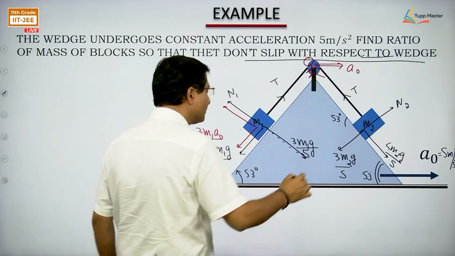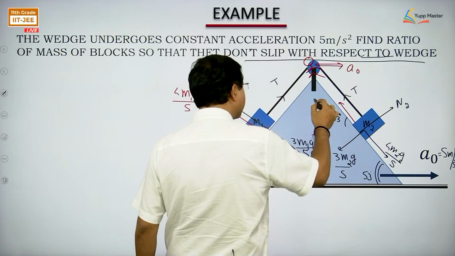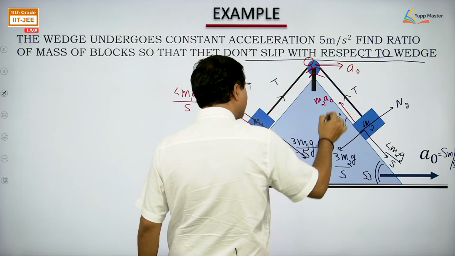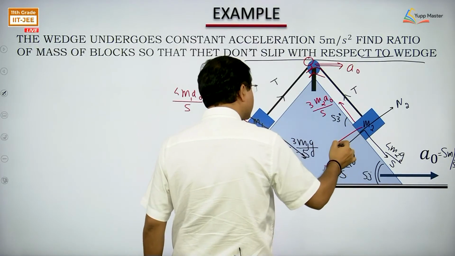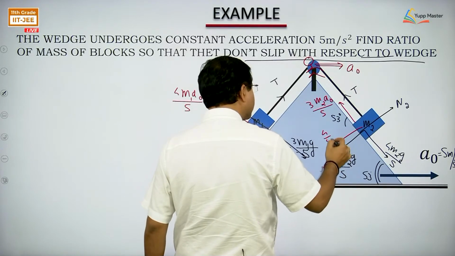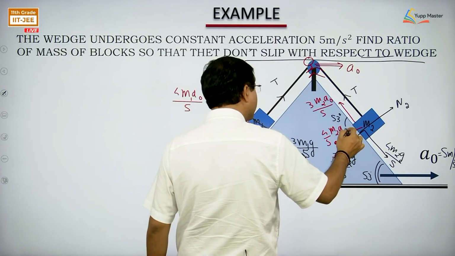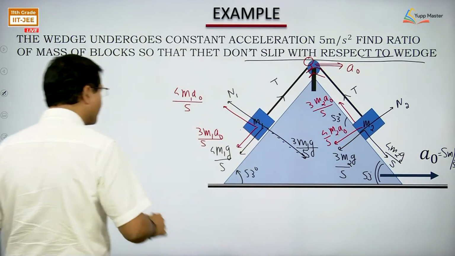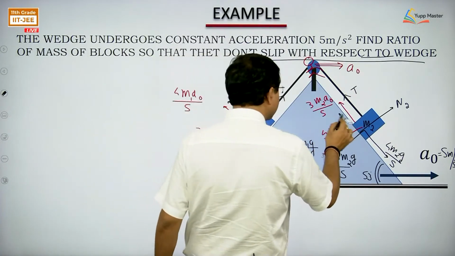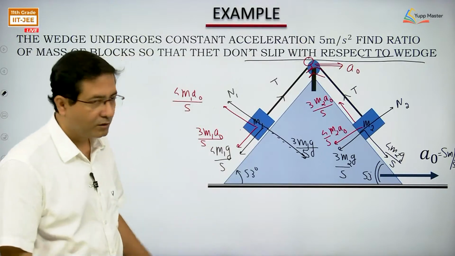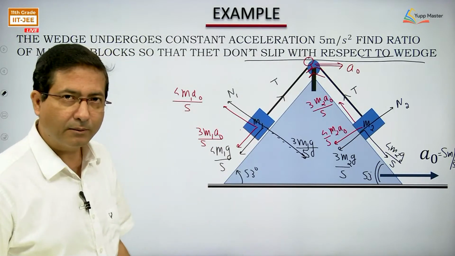So cos 53 means 3 by 5. So I am directly writing M2 A naught cos 53 is 3 by 5, and this is 4 by 5 times M2 A naught. Now I will remove this. All the forces we have resolved for M2 block.